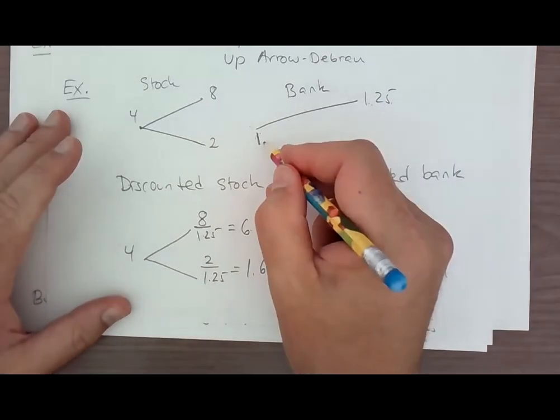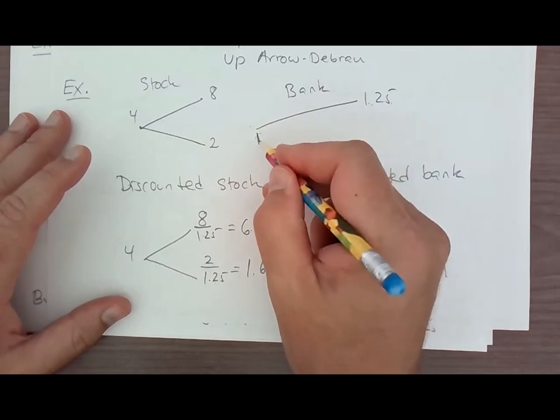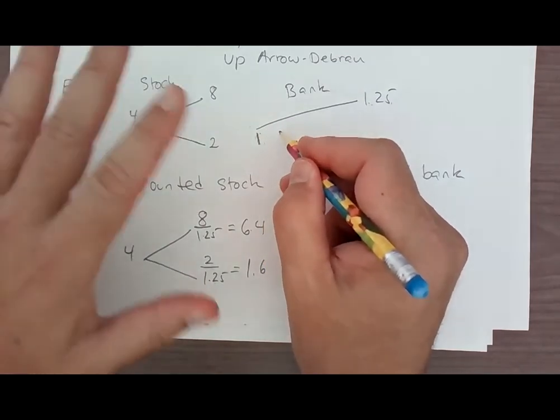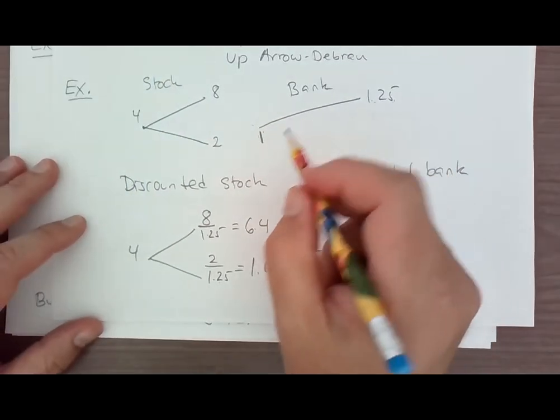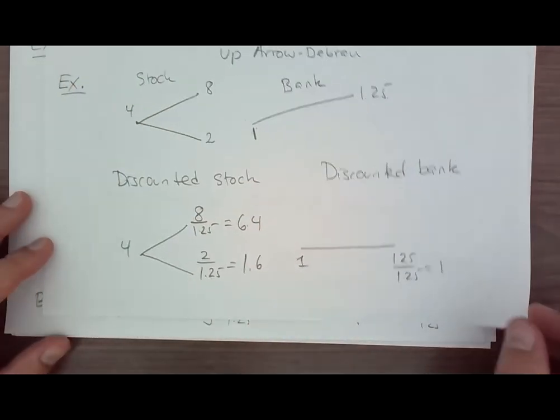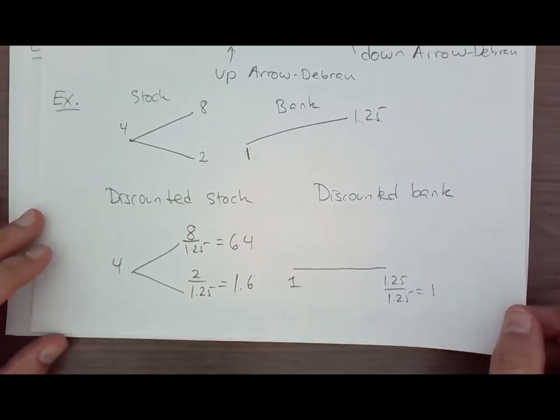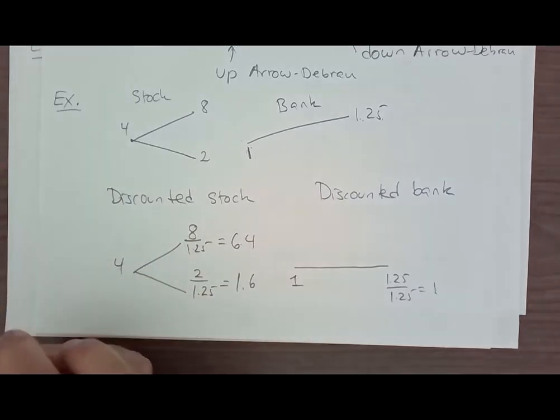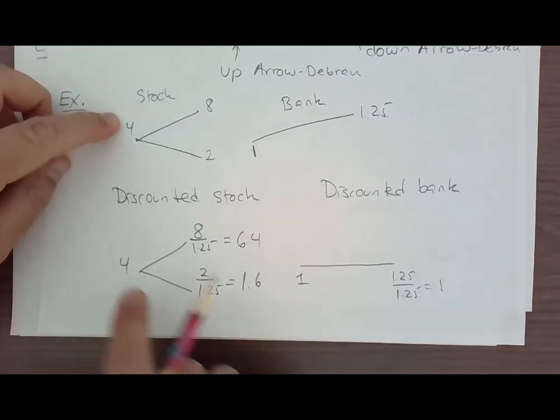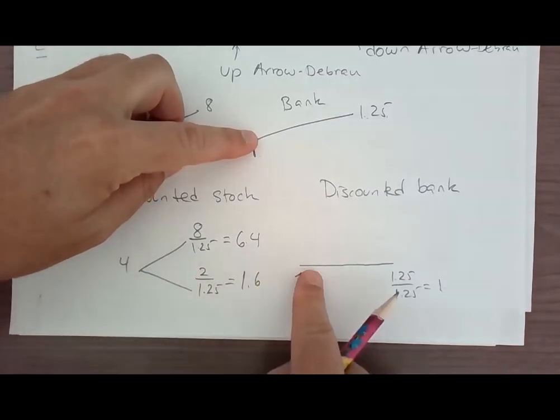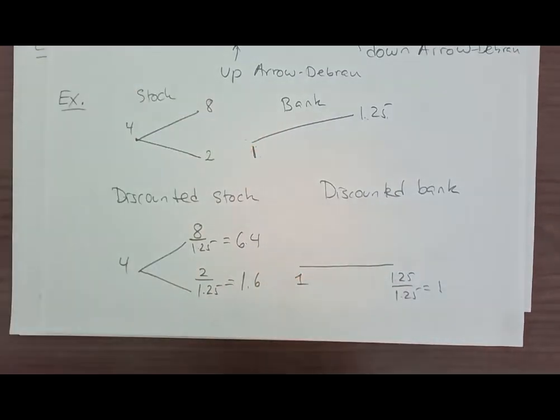If I would have started this out at like 1.1, then I could see that might be a problem that you'd have to take into account, but not here. The initial values of the discounted prices are the same as the initial values of the undiscounted prices. This 4 here and that 4 here, the same. This one here and this one here, they're the same. That's a good question.